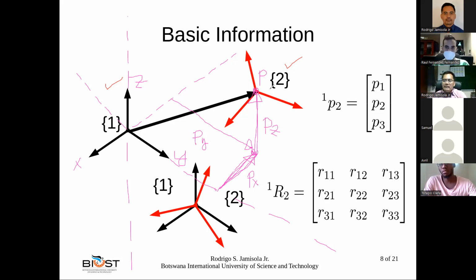This P is this vector P. I call it here P2 with respect to 1, meaning the position of frame 2 with respect to 1. But for now, to give us less confusion, let's just say that it is a vector P.